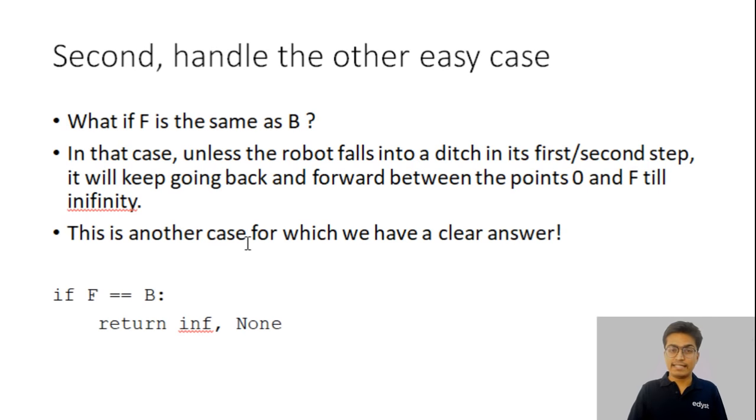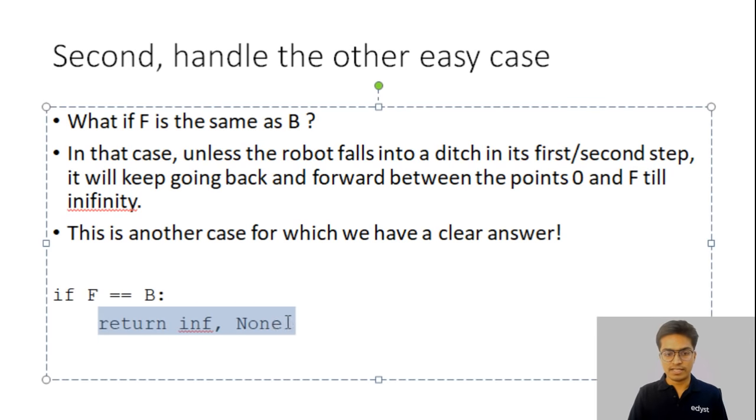This is another case that the question had warned us about. The question had said, if we do not see the robot falling into any ditch, we are supposed to print no ditch, N capital and D capital. Since I'm always returning from a function, what I'm returning here is that it takes infinite time or infinite distance, and I don't supply a direction.